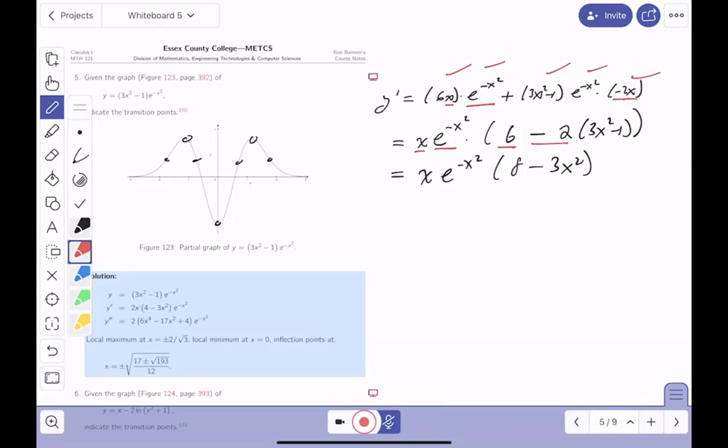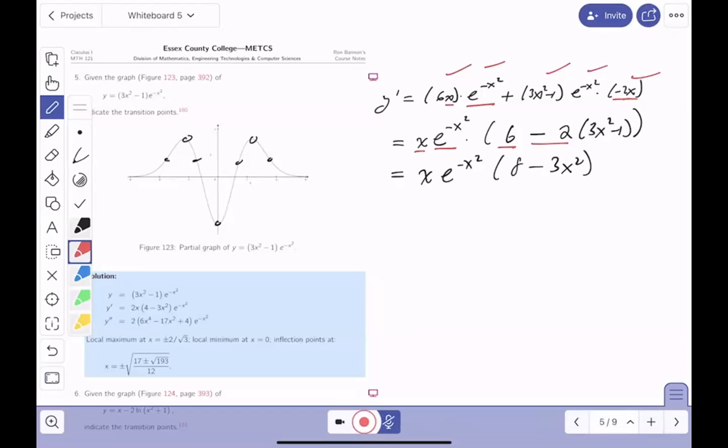So 6x, 2 times 3 is 6, x. And then e to the minus x squared, I got that, plus 3x squared minus 1, e to the minus x squared, minus 2x. Let's go through that again. Oh, I think I see it now.